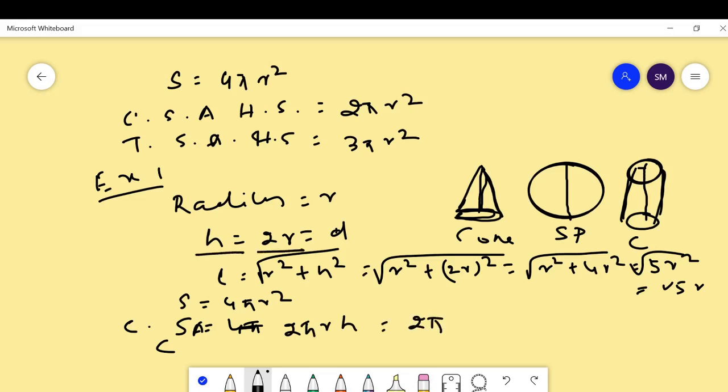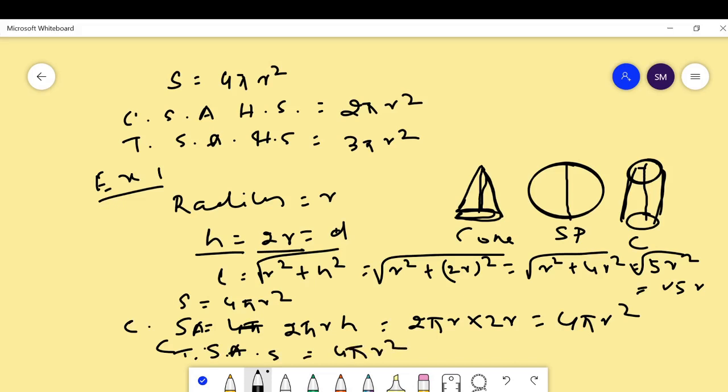So 2 pi r into 2r is equal to 4 pi r square. And the total surface area of the sphere is equal to 4 pi r square.